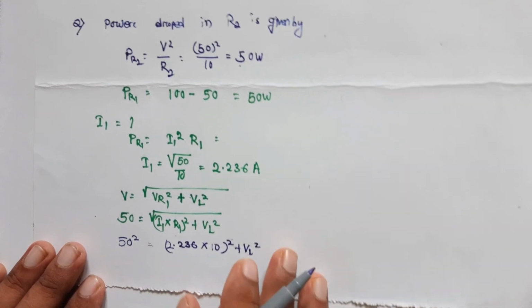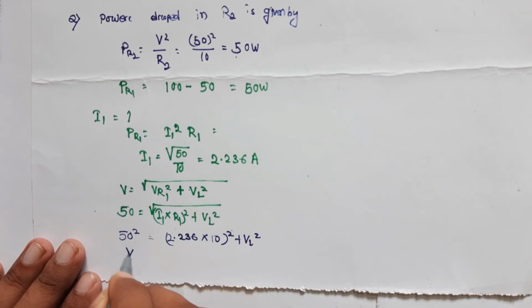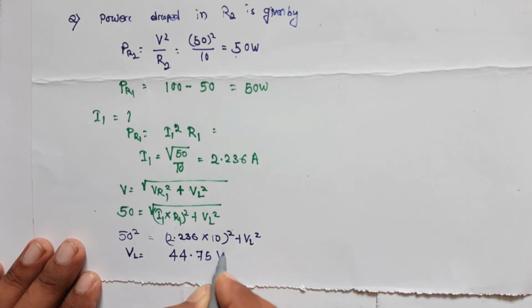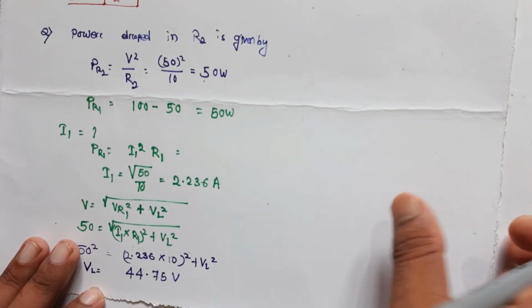From this we find the VL value is 44.75 volt.